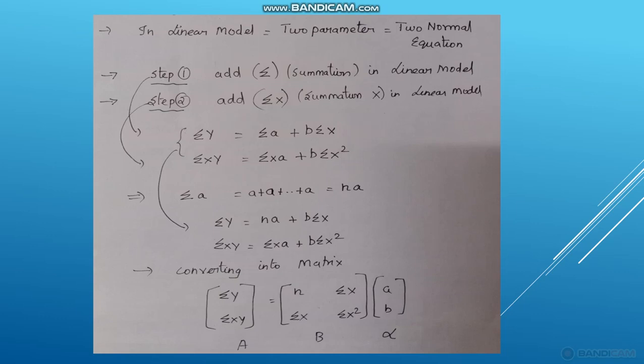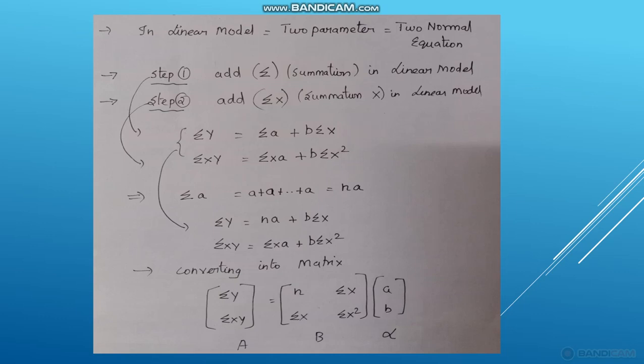The left side becomes summation of y and summation of xy. That is the A matrix. The right side becomes n, summation of x, and summation of x, summation of x squared. This will be the B matrix.